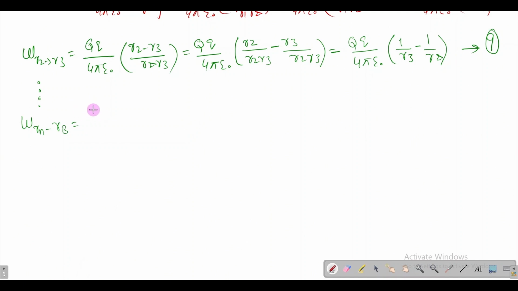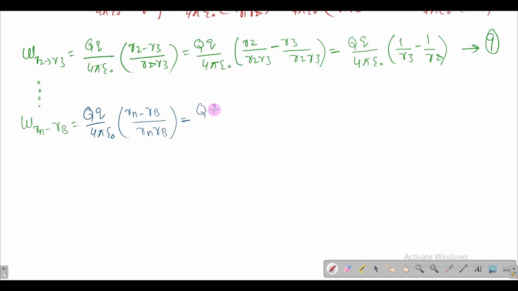Here is the general expression, Q by 4 pi epsilon naught. Instead of del R, we will write Rn minus Rb divided by Rn Rb.